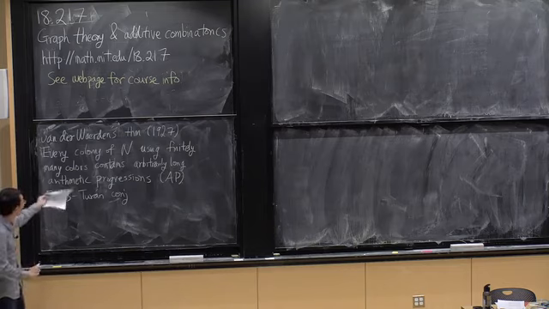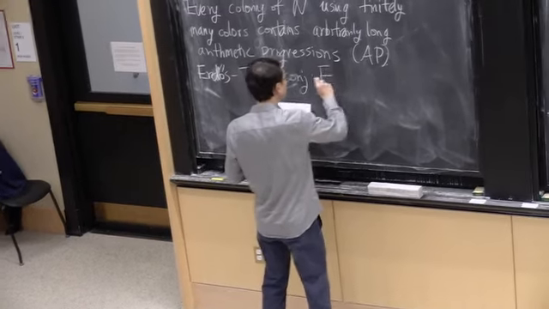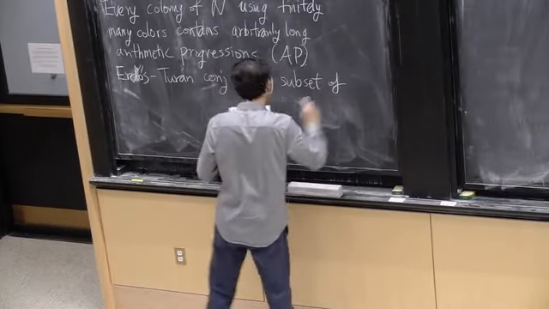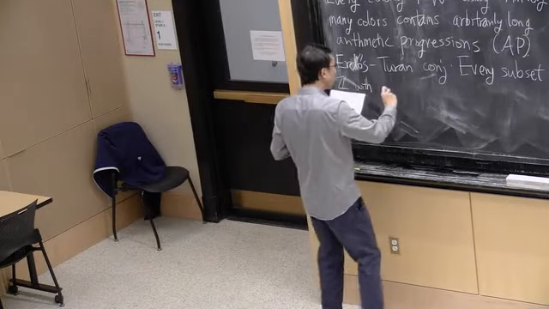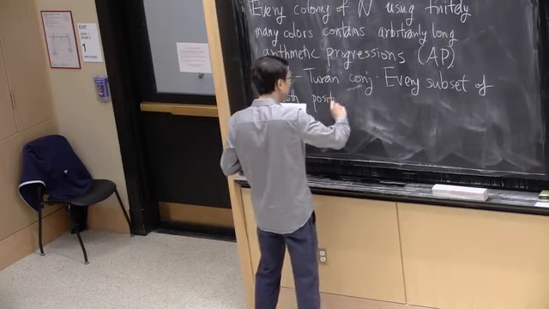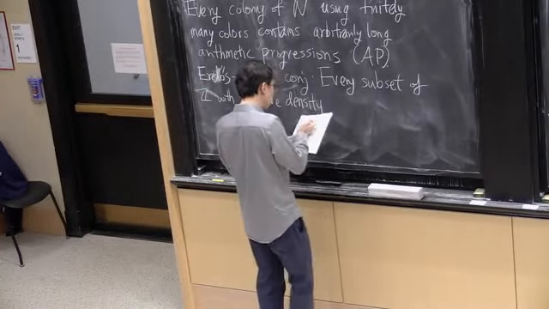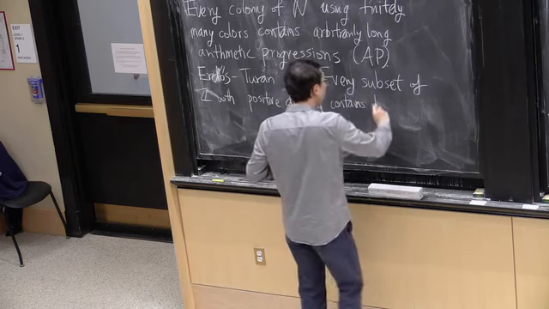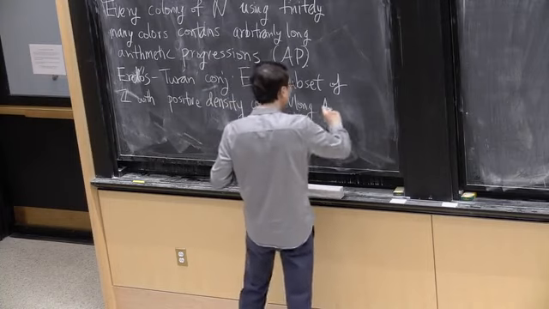So one of the classes, if you use R colors, has density at least 1 over R. And they conjectured that every subset of the positive integers, or the integers with positive density, contains long, so arbitrarily long arithmetic progressions.